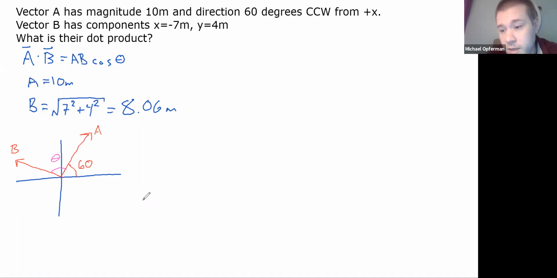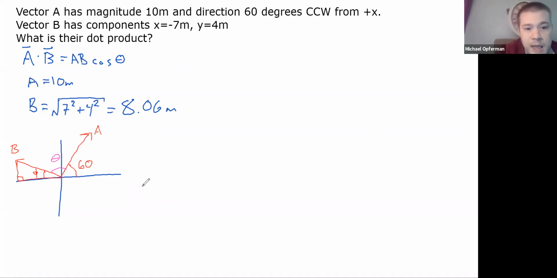So that is not given in the question. I'm going to have some work to do to figure that out. I'm going to need to know the angle of B, first of all. So why don't we do that first? I'll draw a right triangle like this, and I'll solve for this angle here. I shouldn't call it theta. Let's call it phi. How about?